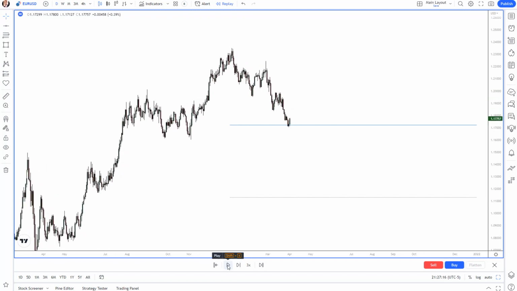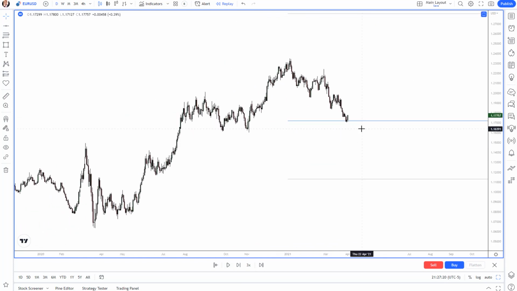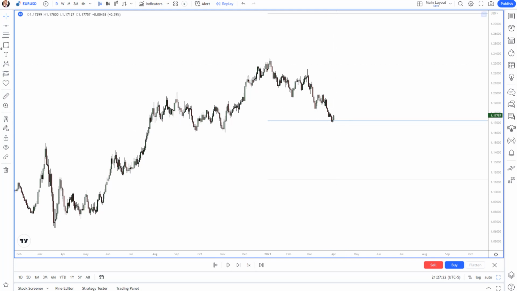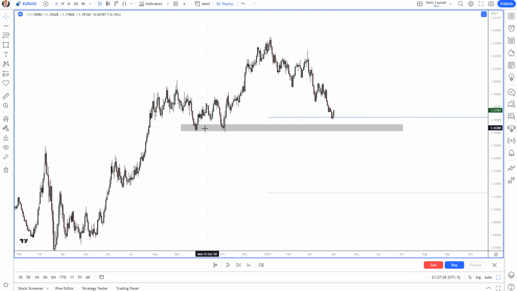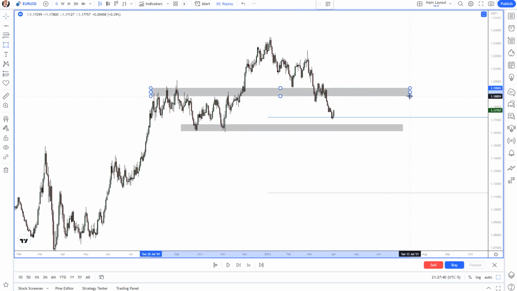So now we see, okay, there's support. This is the main pivot level, which I have here in blue. If I were to draw support the way people go about it, drawing structure, I would have been waiting to try to buy down here. The market never made it there. So now what? Does that mean that I'm waiting for this resistance zone to come back up and try to short it?